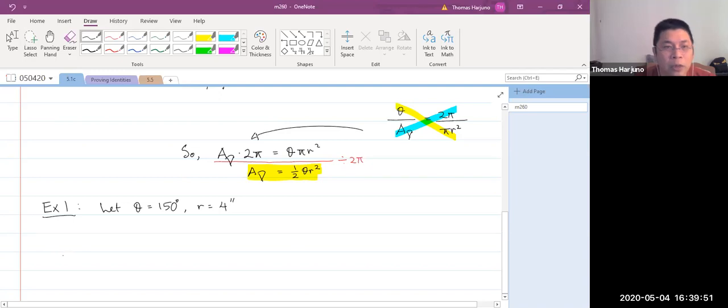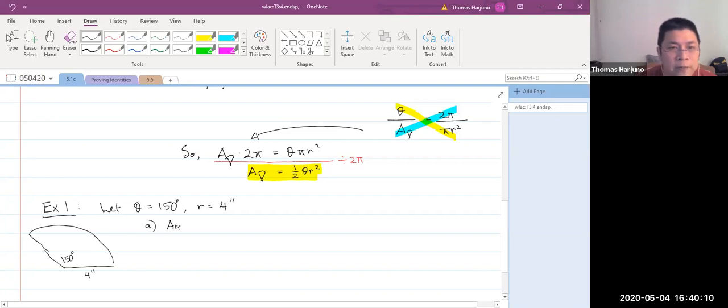So we have this situation here. That's a sector whose central angle is 150 degrees, and the radius is 4 inches. The first question, what is the arc length? The arc length refers to the length of this part here.